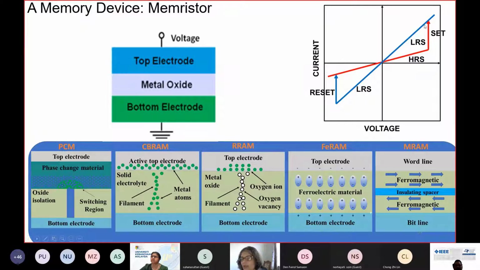So as you swing the voltage, it has a high resistance state with low current and a low resistance state with high current. And there are 5 different types of memory devices. I won't go through them because we are running short of time, but these basically are able to change the conductance levels so that you can store a 0 or a 1.